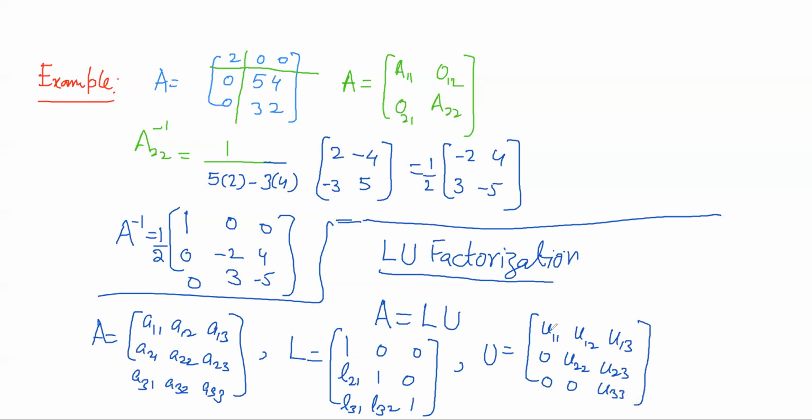So the upper triangular part will have values in the upper area of the matrix, including the diagonal, which will be maybe the same or different in most cases. But in the lower triangular matrix, all the diagonal values will be 1.